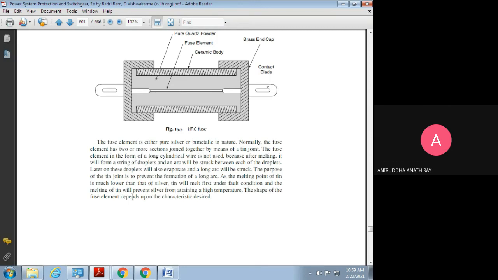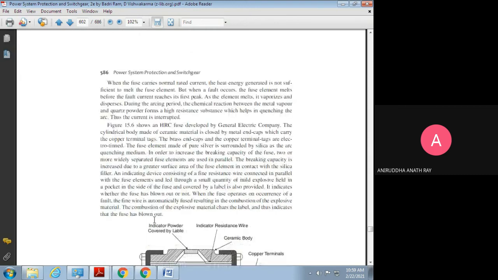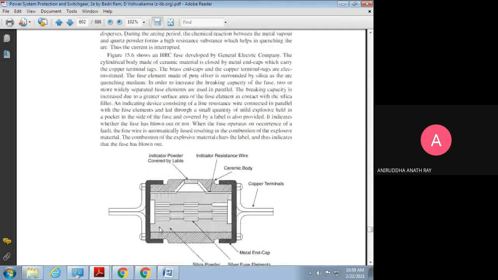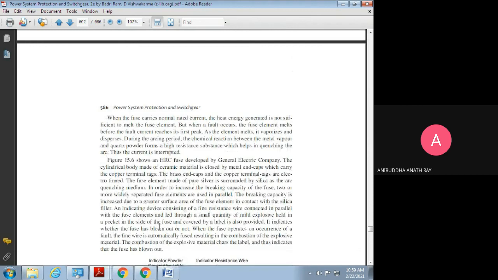The shape of the fuse element depends on the characteristic which is desired. When the fuse carries normal rated current, the heat energy is not sufficient to melt the fuse element.